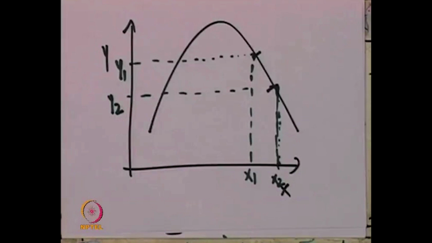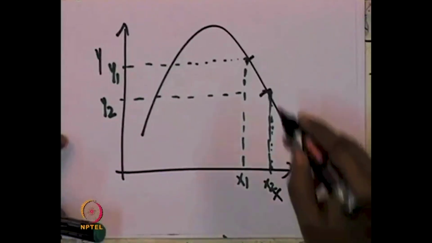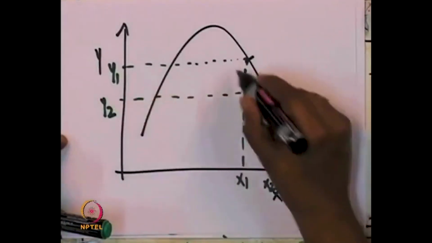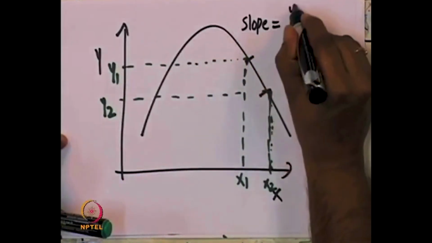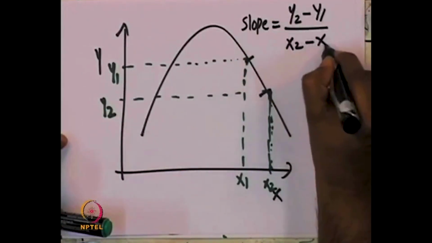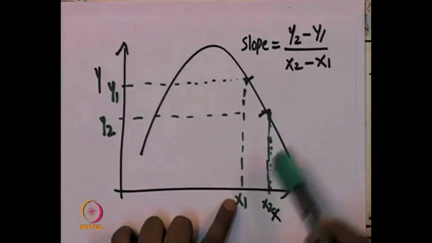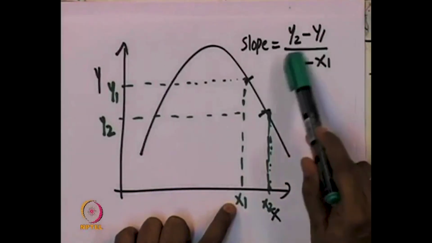According to what we learned, the definition of derivative is dy by dx, which is, for whatever value of x 1 we have y 1. So, basically slope is y 2 minus y 1 divided by x 2 minus x 1. This is the derivative, this is the definition of slope. Now, let us look at what x 2 and y 2 are. As you can see here, x 2 is larger than x 1, so x 2 minus x 1 is positive.